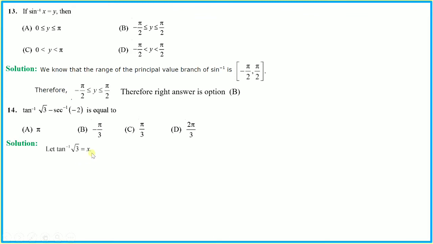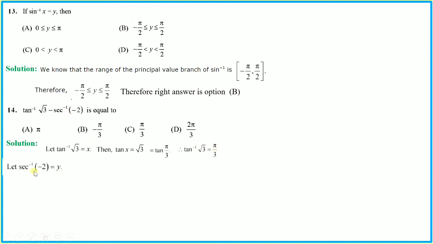Let tan inverse root 3 be equal to x, then tan x is equal to root 3. We need to find at what angle tan gives root 3. That angle is pi by 3, since tan 60 degrees gives root 3. So x is pi by 3, that is tan inverse root 3 is equal to pi by 3.